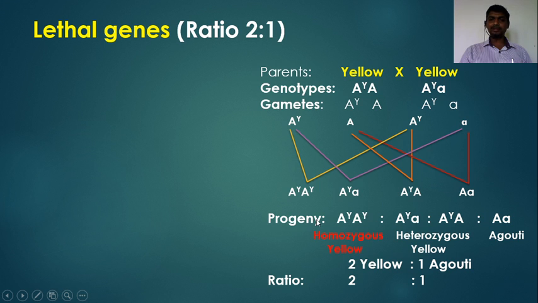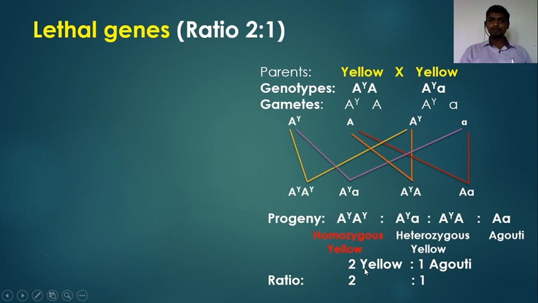But due to the lethal gene, this homozygous yellow is not able to survive. The death of the individual occurs in the uterus in the embryonic stages of growth, because of which one individual is dead.